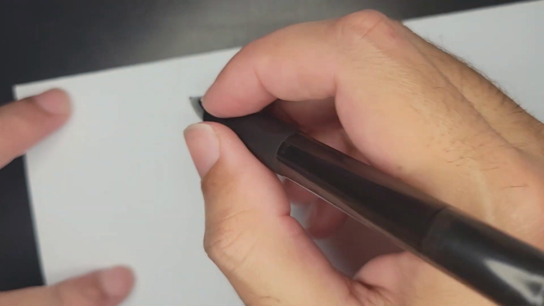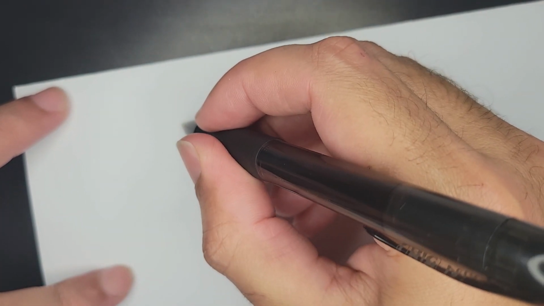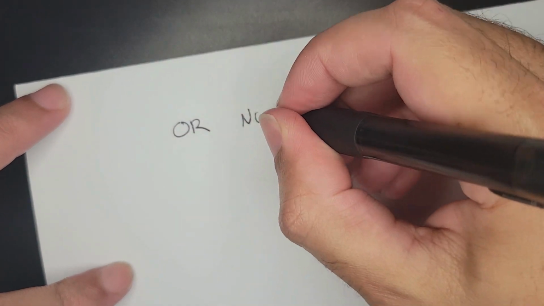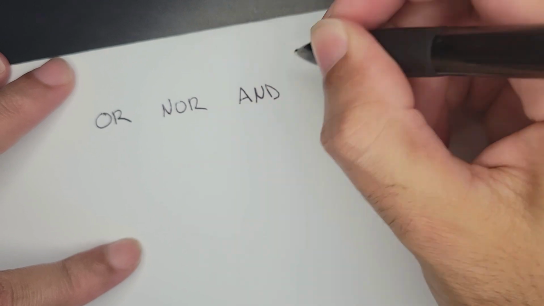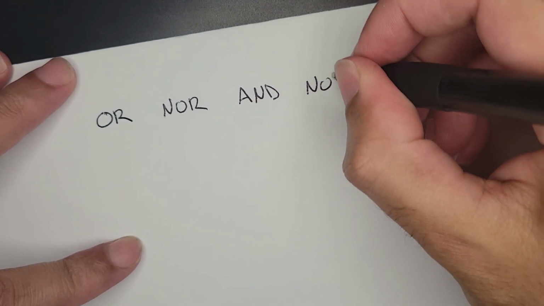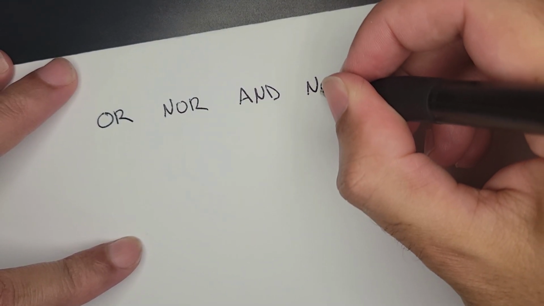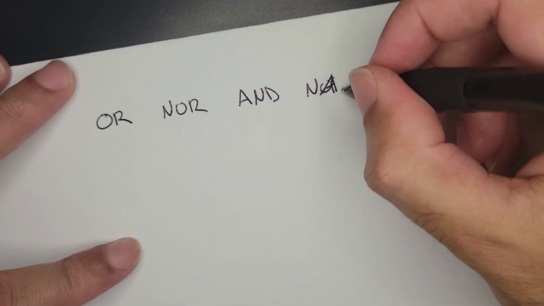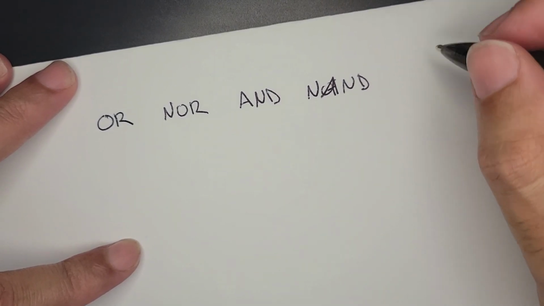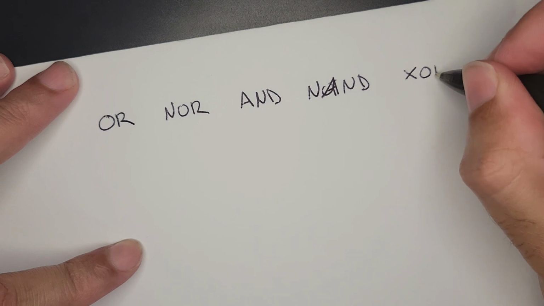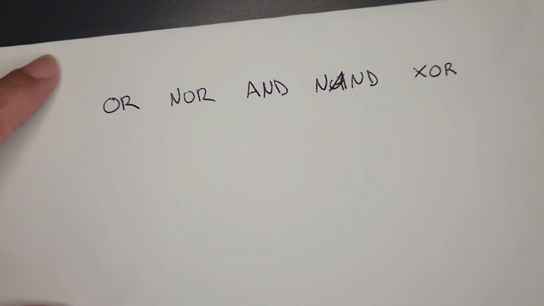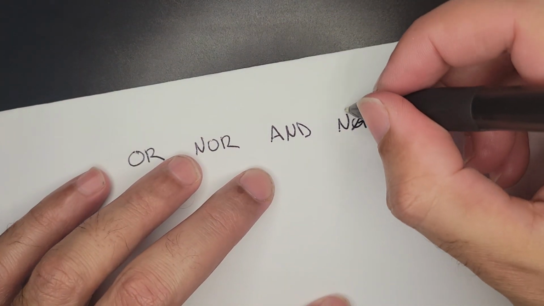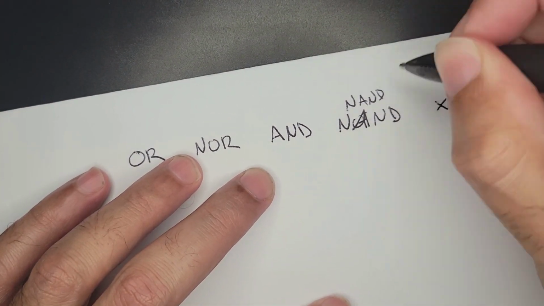So first we have OR, and we have NOT OR, we have AND, we have NOT AND, and then we have, let's say, exclusive OR. So let me rewrite this one because it's not readable.